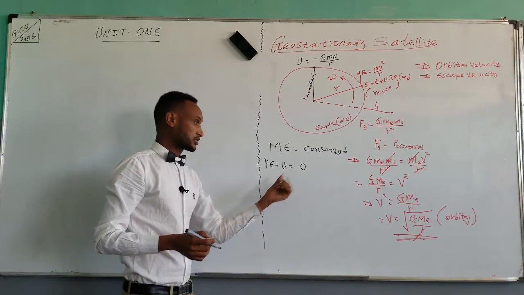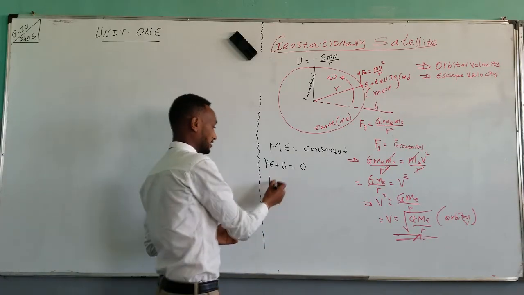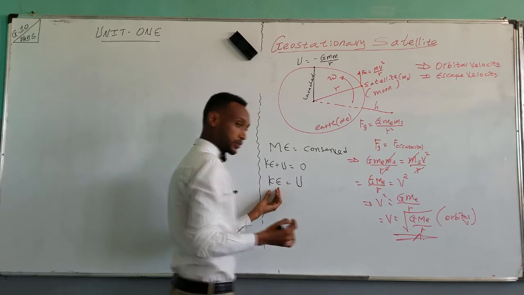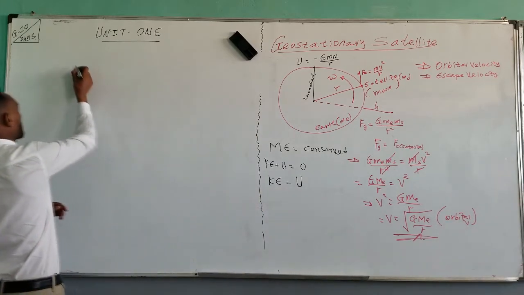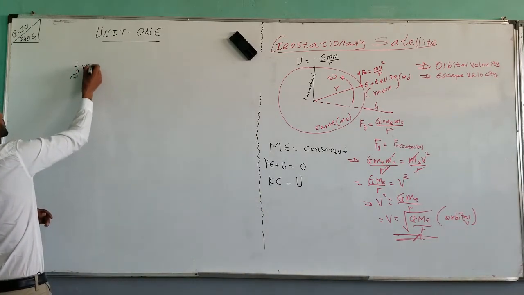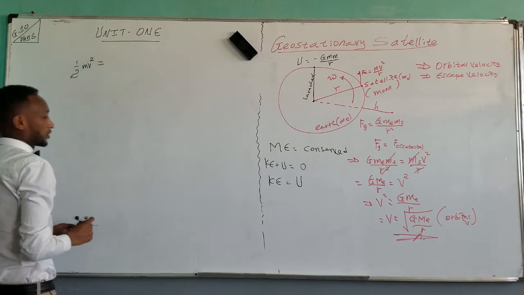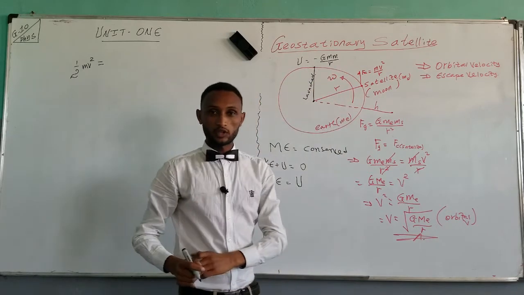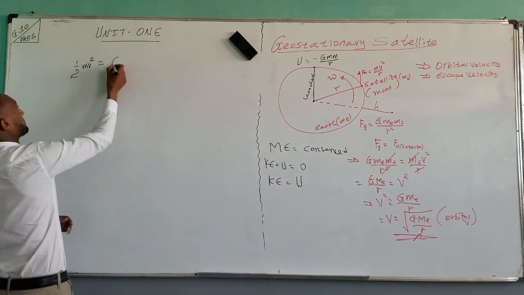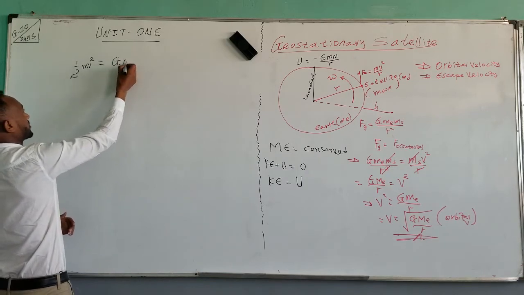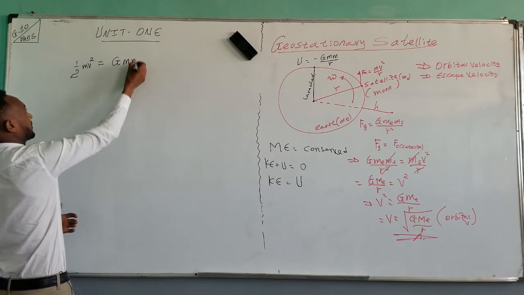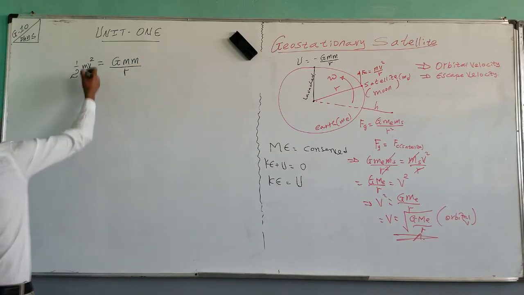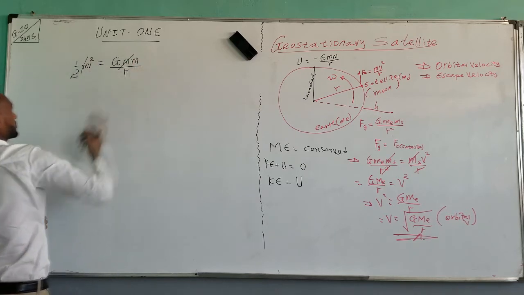The summation of kinetic energy and potential energy is 0, which means that the kinetic energy of the body is equal to the potential energy. We know that the kinetic energy can be represented as half of the mass times the velocity squared, which is equal to the gravitational constant times the mass of the satellite times the mass of the Earth over the distance between them. The mass of the satellite cancels out.